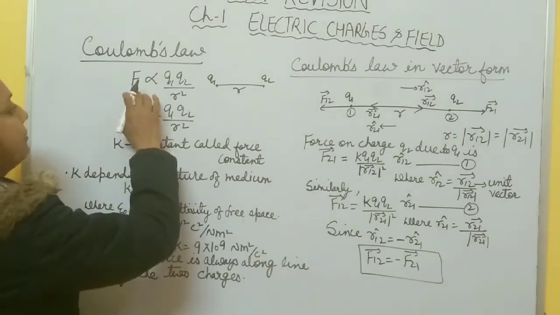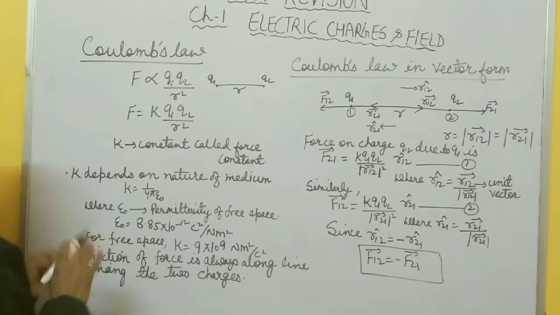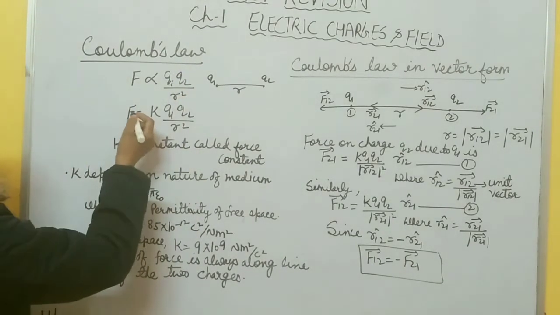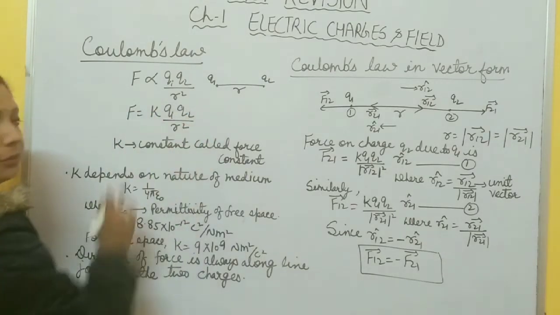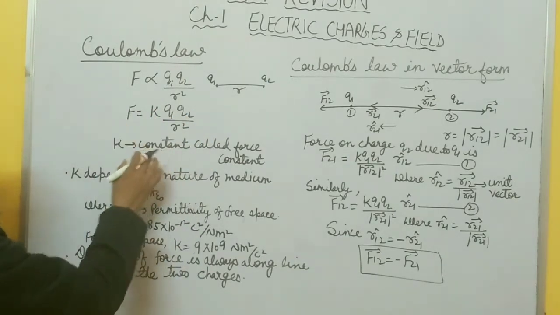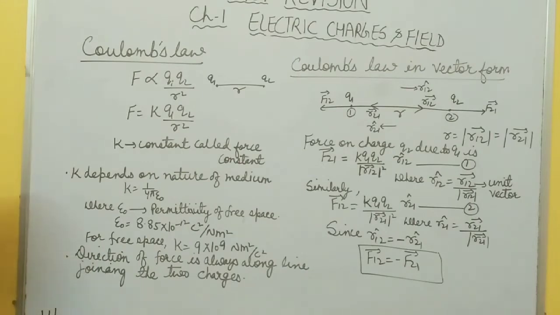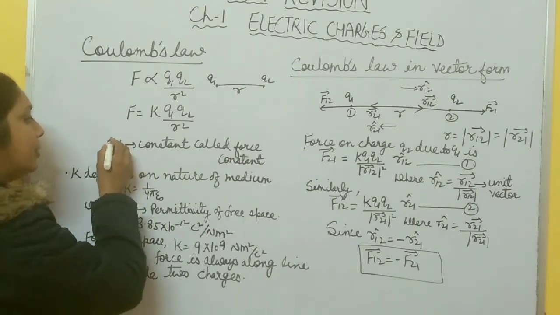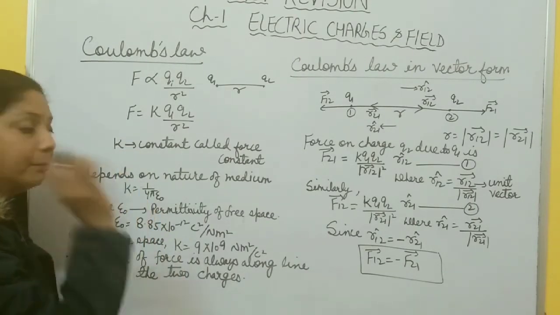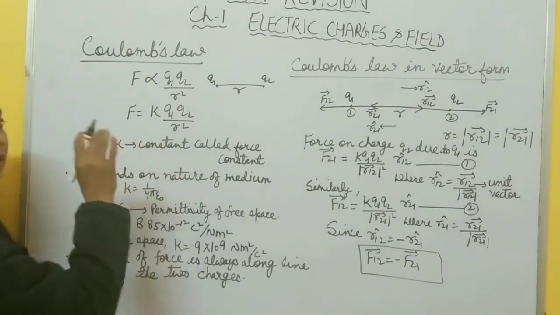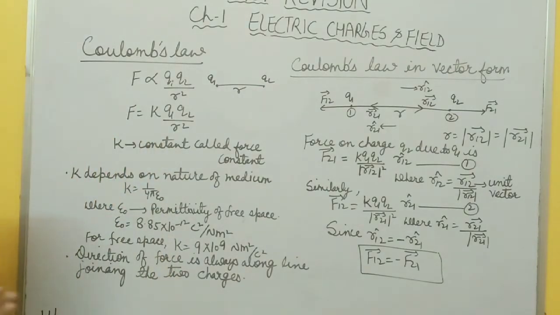It means F is directly proportional to Q1 Q2 by R square, and this becomes F equal to K Q1 Q2 by R square, where K is called the electrostatic force constant, and this value of K depends on the medium, on which medium these charges are kept, right?